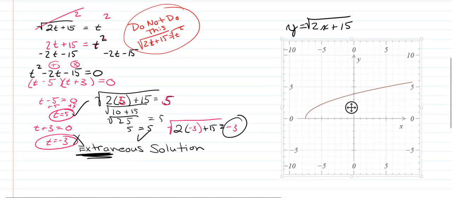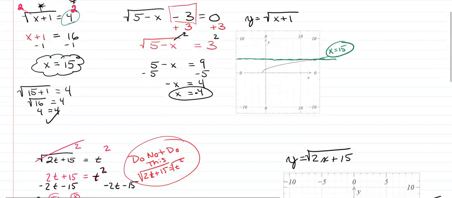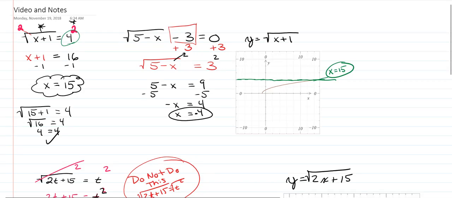Okay, so this right here is this graph. This is the square root of 2x plus 15. Now, remember what we did the problem before. We graphed the left side, and then this green line would be the right side. That was the line y equals 4.